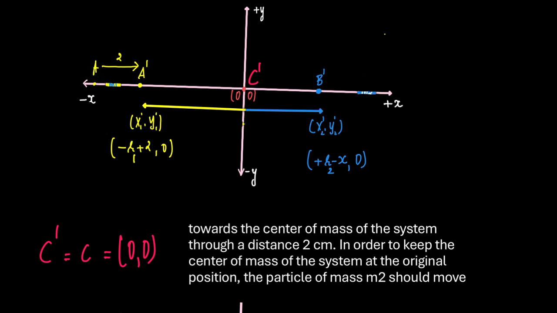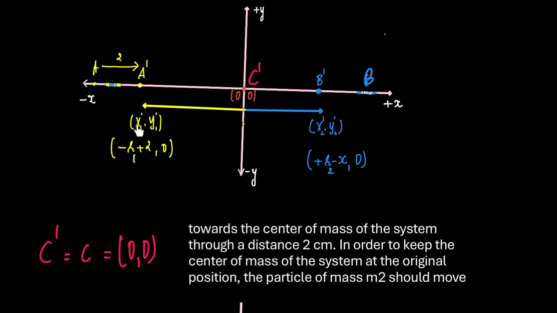And we have to find the change in position of B, say from B to B dash. So now we have two different sets of positions. A dash is the new position of mass M1. B dash is the new position of mass M2. Coordinates being x1 dash, y1 dash and x2 dash, y2 dash respectively.